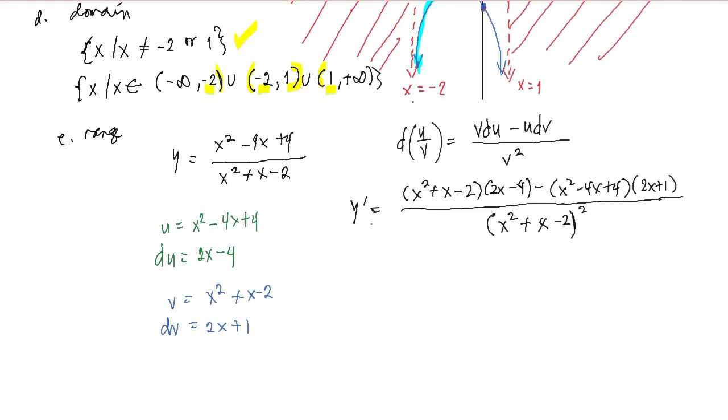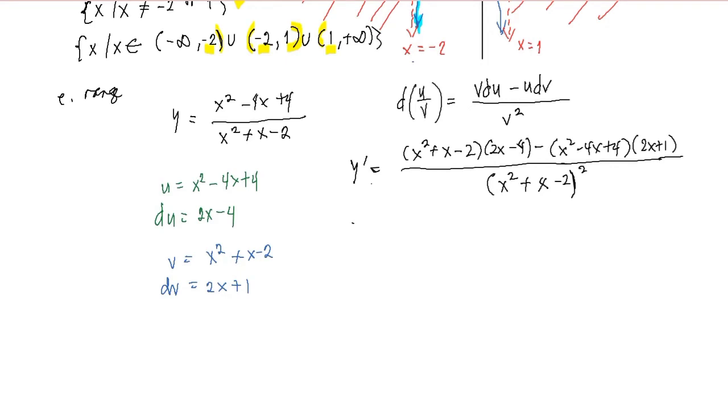Ang gagawin natin is, so for this part here, we have the x squared plus x minus 2 times 2x minus 4. So, para dito, that is 2x cubed plus 2x squared minus 4x.